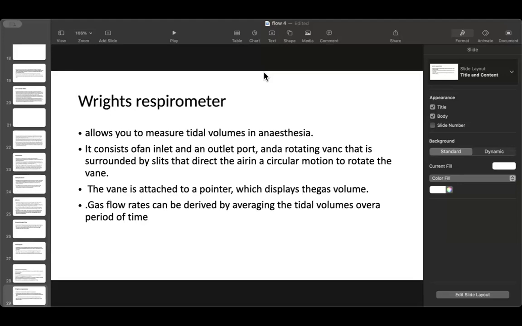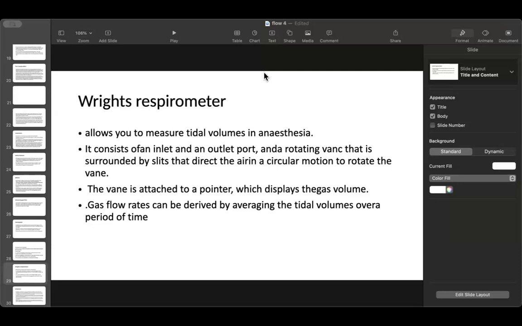But a much more practical option of measuring flow in our practice is using a Wright spirometer. A Wright spirometer allows you to measure tidal volumes in anesthesia. It consists of an inlet and an outlet and a rotating vane in the middle that is surrounded by slits that direct the air in a circular motion to turn the vane. The vane is attached to a pointer, which displays the gas volume coming in and out.